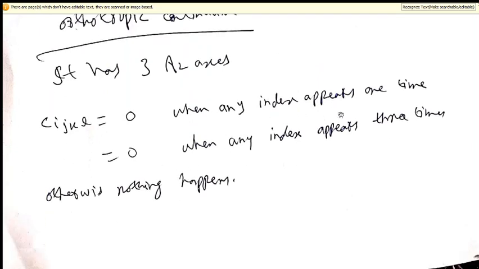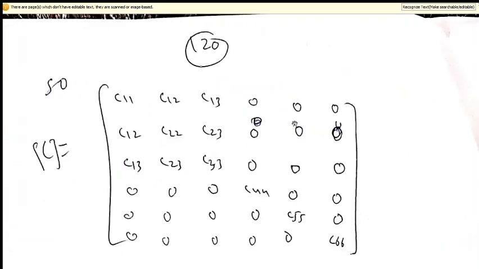In general, when any index appears one time, Cij equals 0, and when any index appears three times, they will be 0. So by combining the above three we have this. All these are 0, because these are the components in which any one index will be appearing either one time or three times.